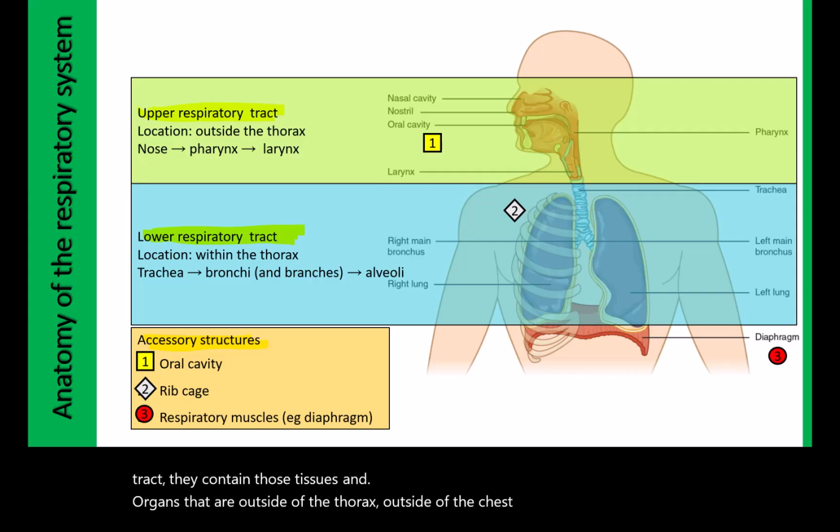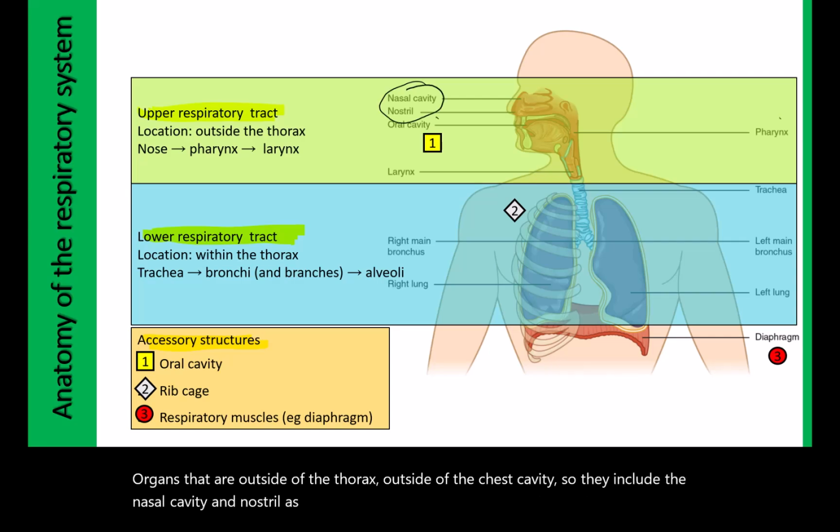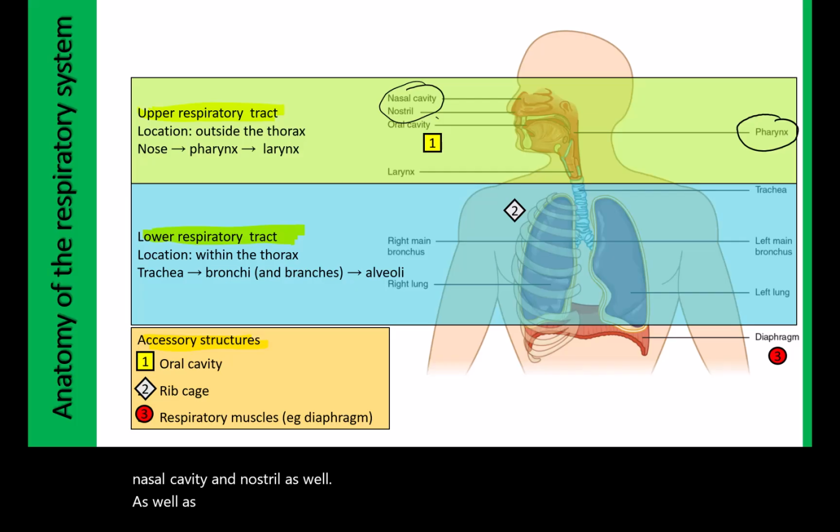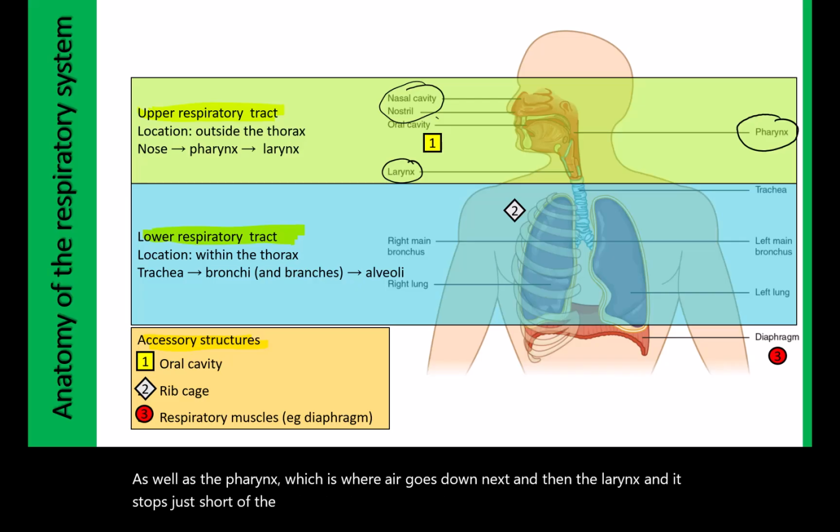They include the nasal cavity and nostril, the pharynx, which is where air goes down next, and then the larynx. It stops just short of the trachea, because the trachea is found within the chest cavity, or thorax. So that's the upper respiratory tract.